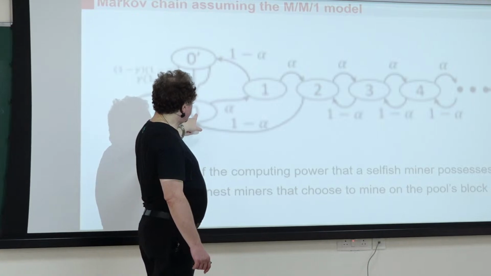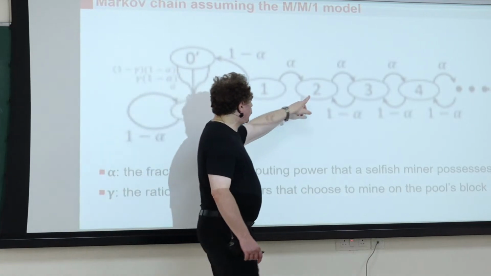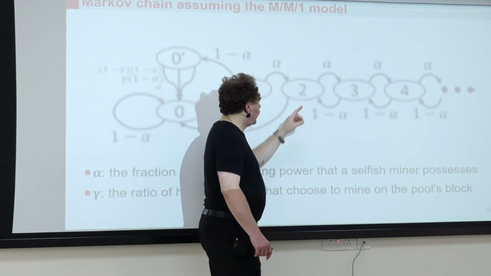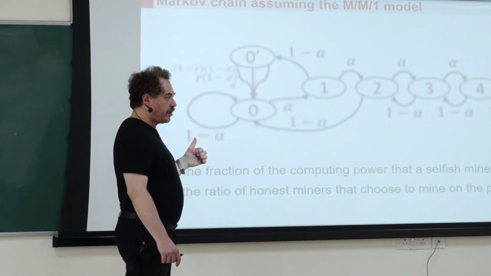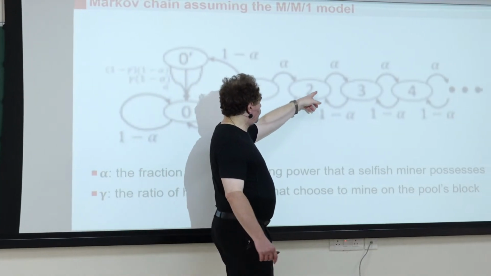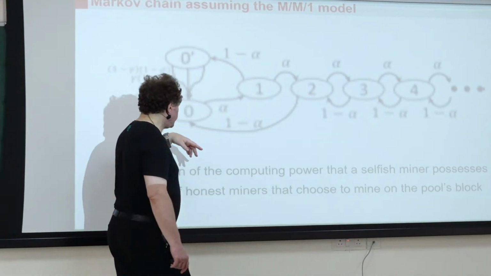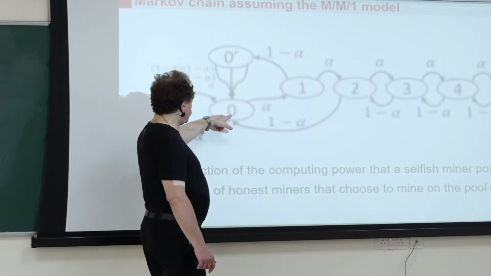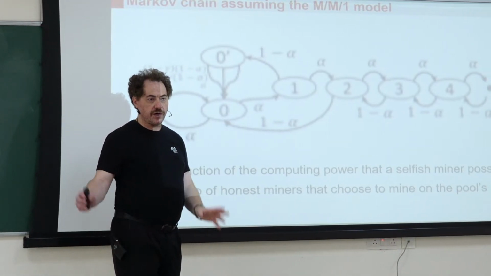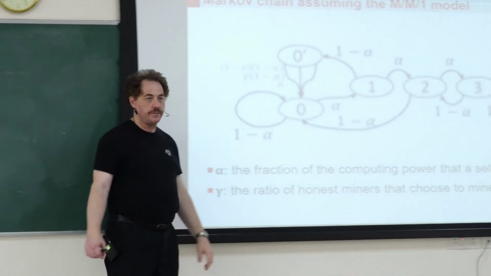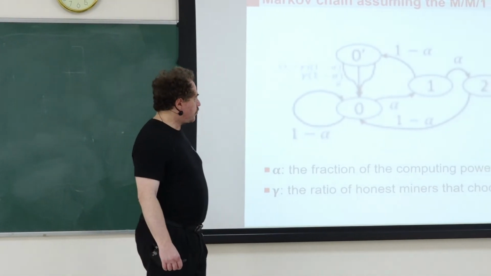Why would it decrease to 0? If we are in state 2 and the honest miner finds the block, then I release all 2 blocks. I overcome the public chain, and then I go back to state 0 because I release all the blocks. So now it's 0.